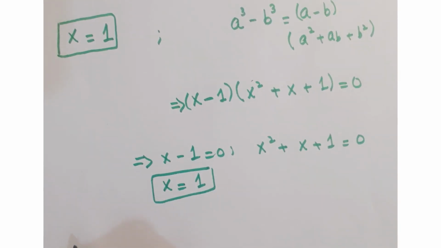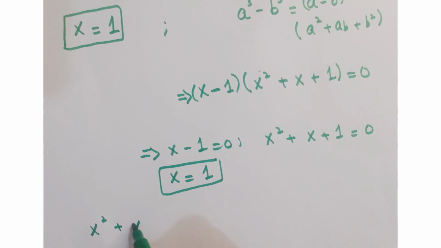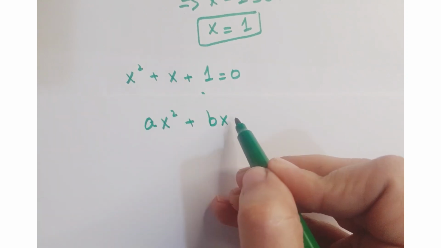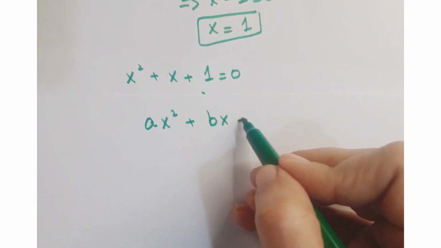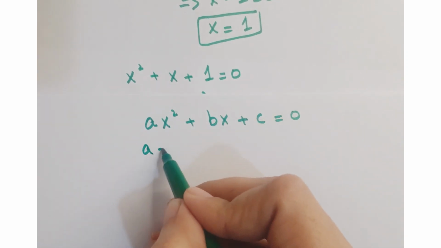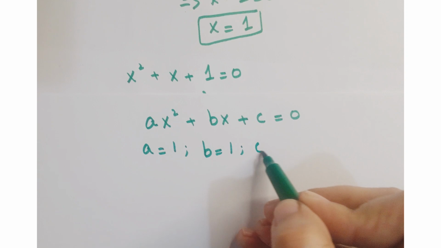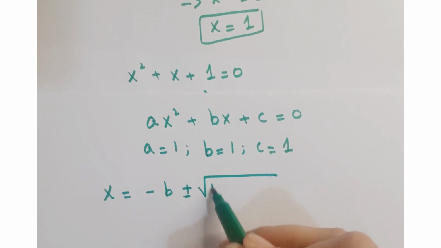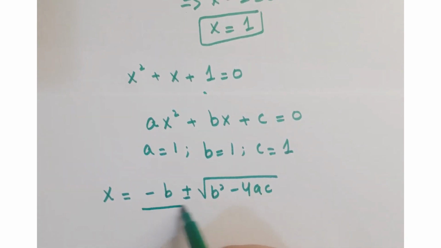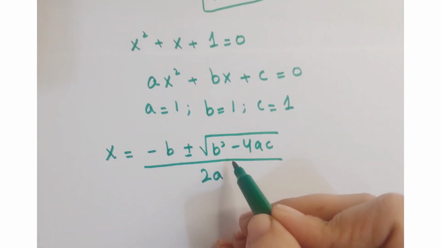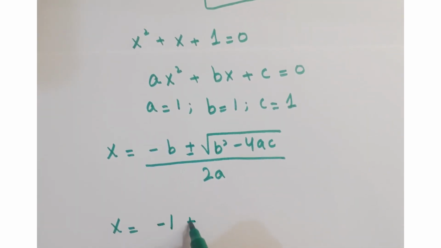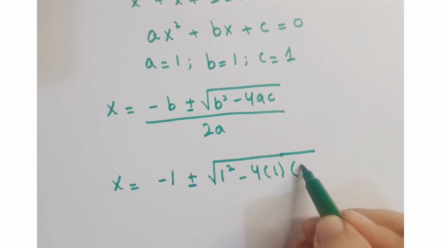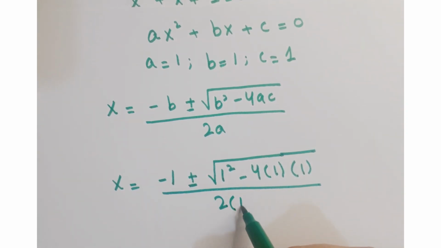Now solving this equation, that is x square plus x plus 1 is equal to 0, comparing this quadratic equation with the standard quadratic equation, that is ax square plus bx plus c, we have a is equal to 1, b is 1 and c is 1. Putting the values in the quadratic formula, that is minus b plus minus under root b square minus 4ac upon 2a, we get minus 1 plus minus under root 1 square minus 4 into 1 into 1 upon 2 into 1.